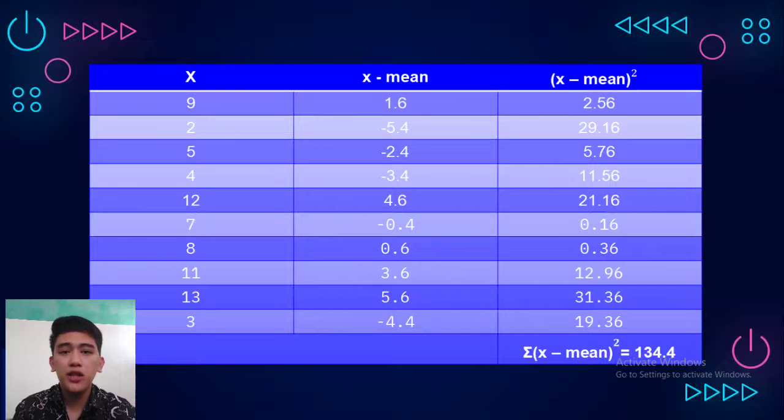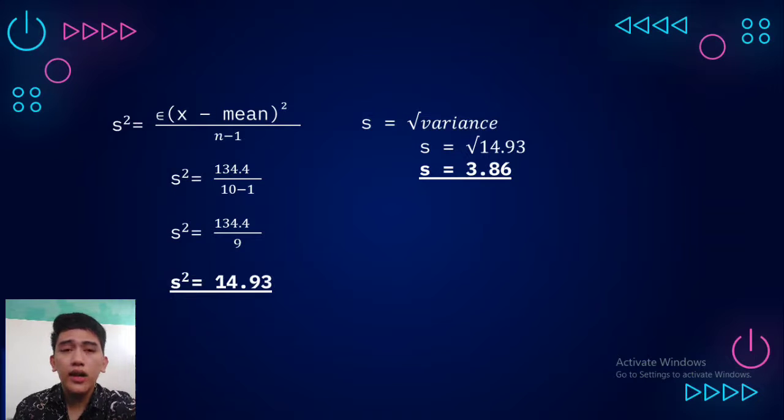Okay, let's proceed to getting the variance and standard deviation. Okay, the formula of variance is the summation of x minus mean squared over n minus 1. Dahil ang nakuha natin dun sa ating pagkukompute kanina dun sa table is ang summation of x minus mean squared is equal to 134.4. Isa-substitute na lang natin ito at yung n at ito ay 10.